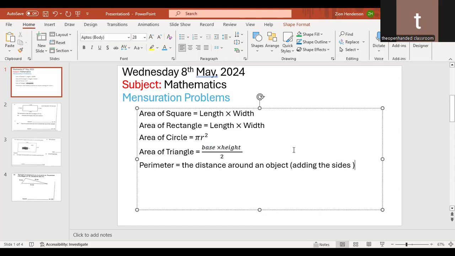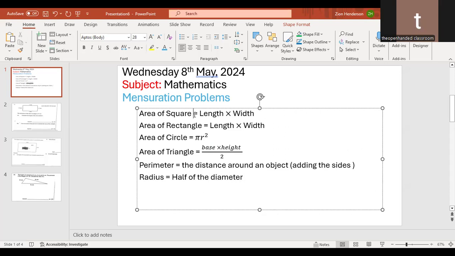Then we need to know what the radius is. The radius is half of the diameter.